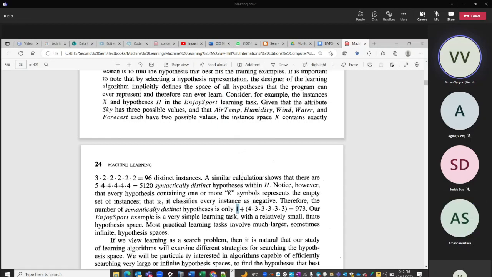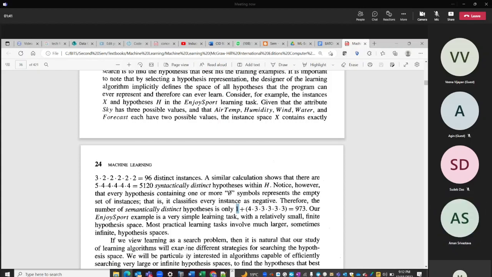We will not make this from all these entries. We are just taking that null out and making it as 1 plus, and the ones without null are 4 into 3 into and so on. So it will be just the number of possible options plus question mark only, we are adding and multiplying, plus 1 for all the null entries.